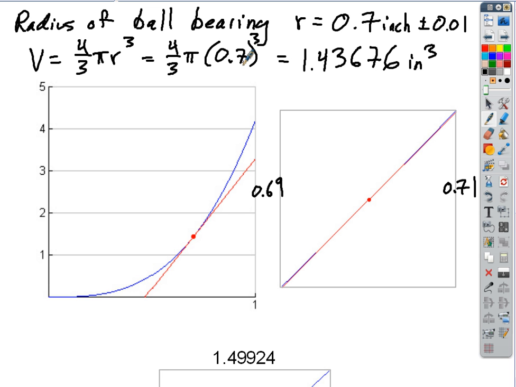If I had plugged in 0.71, made the calculation, plugged in 0.69 and made the calculation, do you think that the amount we were off from the volume we calculated at 0.7 would deviate equally above and below?